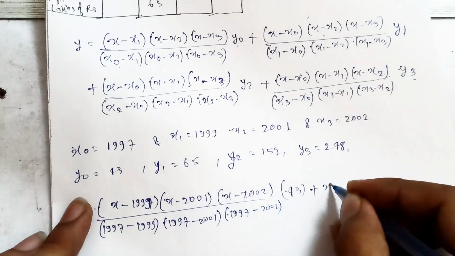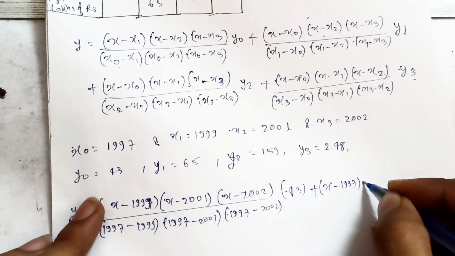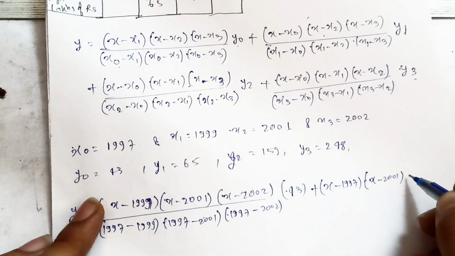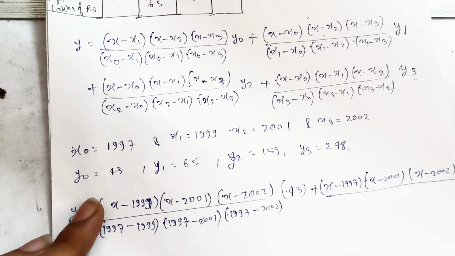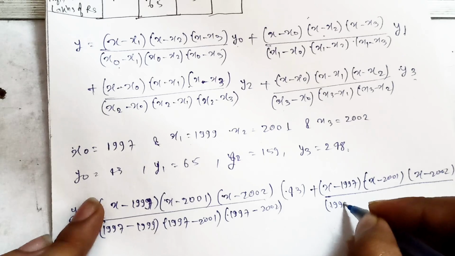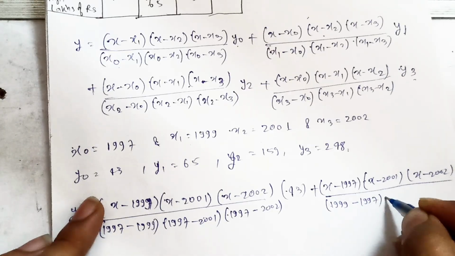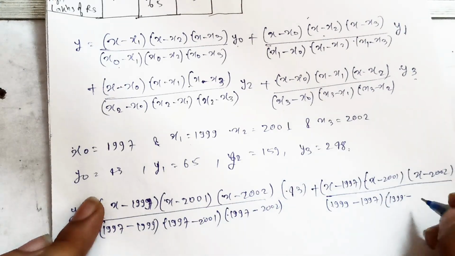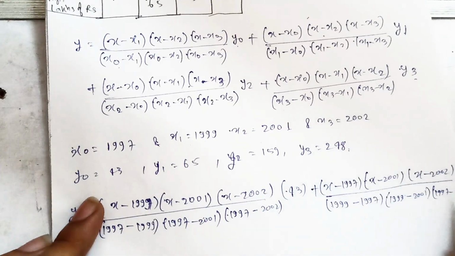The next term is x minus x naught, that is x minus 1997, then x minus x2, which is 2001, and x minus x3, which is 2002.